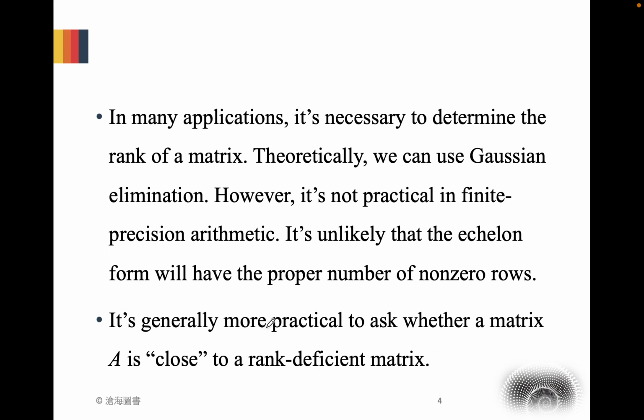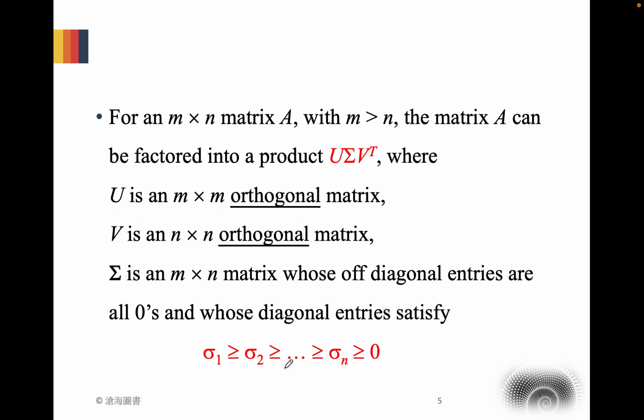Okay, so we want to find a systematic way to ask whether a matrix is close to a rank deficient matrix. Okay, so for an m by n matrix, assume m is larger than n. But in the following, the description is not limited to m larger than n.